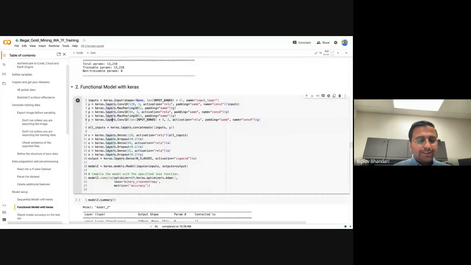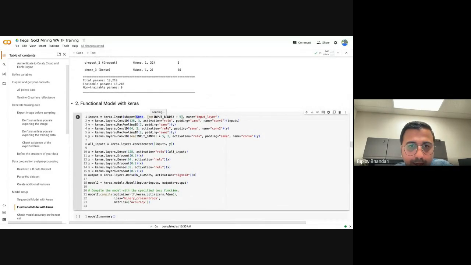So next we'll see a similar example, but in a functional kind of case. The functional API in Keras is normally used in this way. At line number 18 here, you have keras.models.Model, and you provide what's the input and what's the output to that particular model. So if we now go back and look, our input is again specifying this shape.